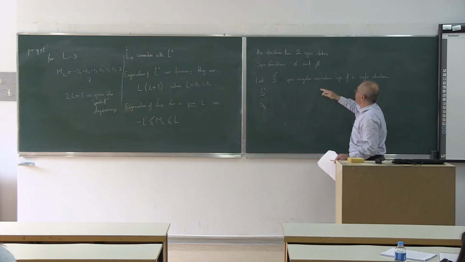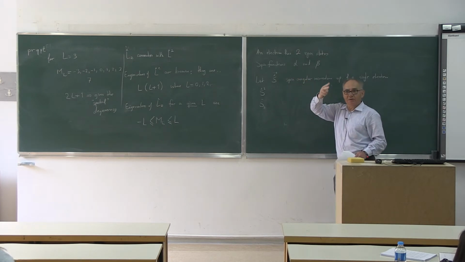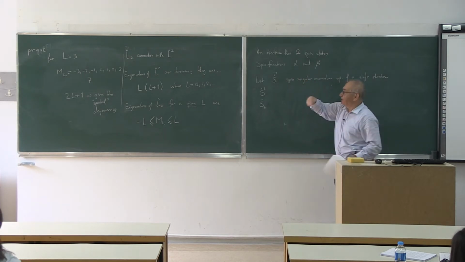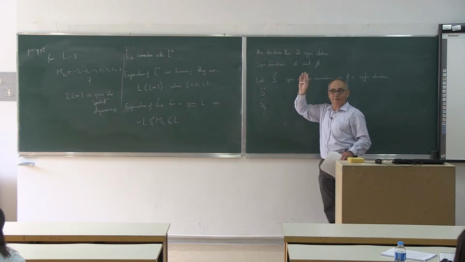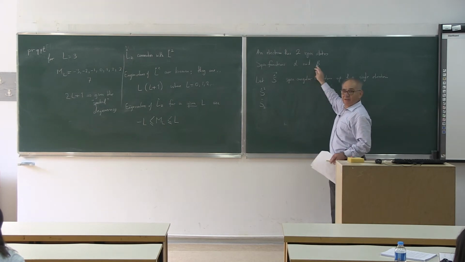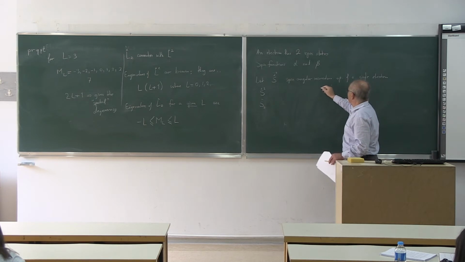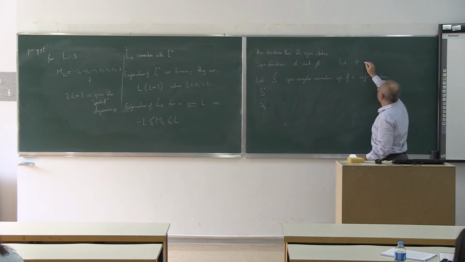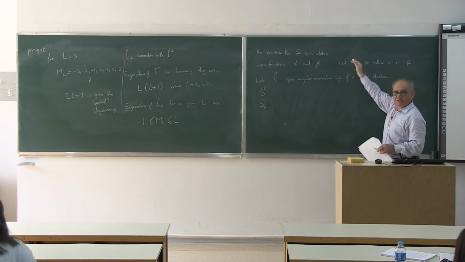Now, experimentally, it is known that there are just 2 spin states, which means there are just 2 eigenfunctions of this operator, not more. One of them is alpha, the other is beta. And let us call this symbol sigma either alpha or beta, one of these functions.